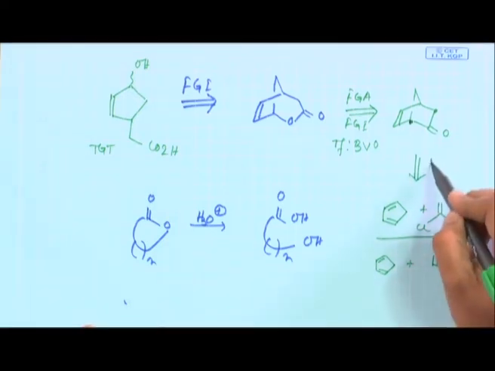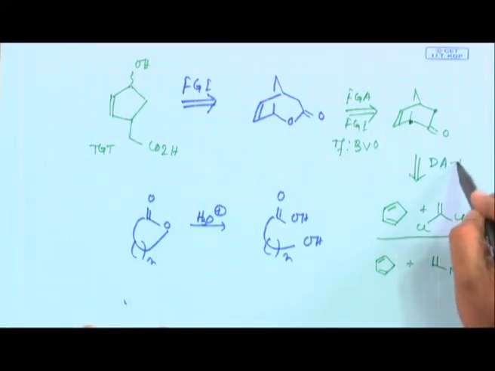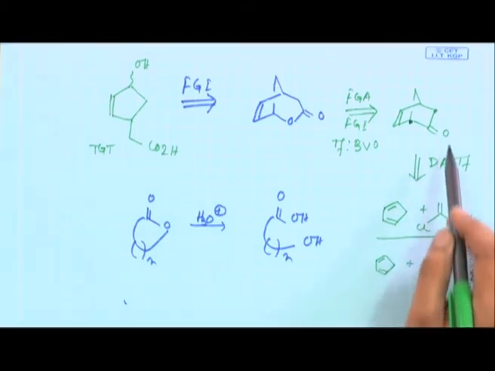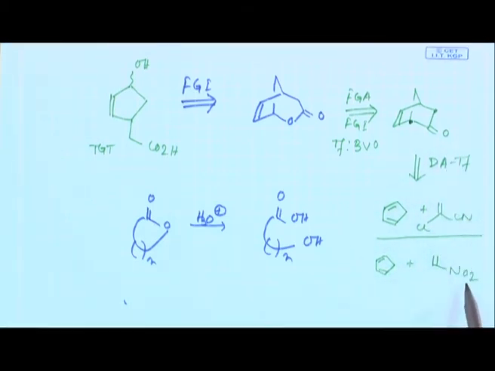This is a Diels-Alder transformation. To access this molecule you first need cyclopentadiene as the diene, and take either this chloroacrylonitrile or this vinyl nitro compound for the Diels-Alder. After the Diels-Alder you have to remove either the Cl or CN, or this nitro, by the Nef reaction or another reaction.